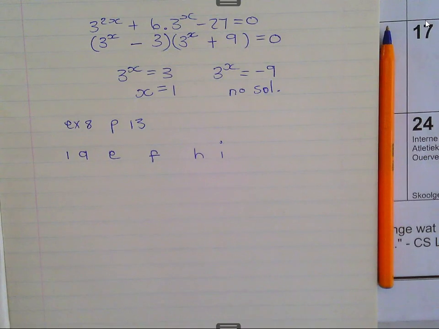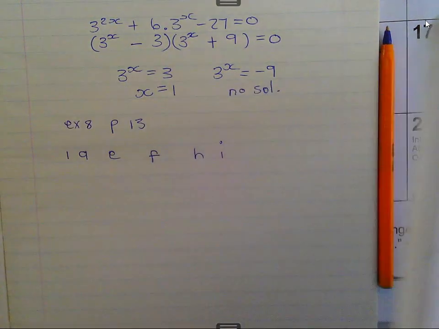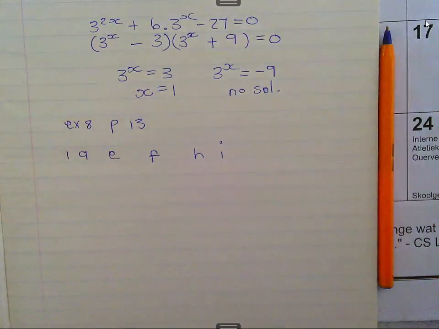Either common, then equal to a number, or quadratic, then equal to 0. You factorize. Okay. Tomorrow, after we've marked this, I'm going to give you more of this.